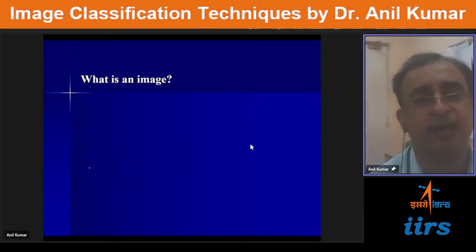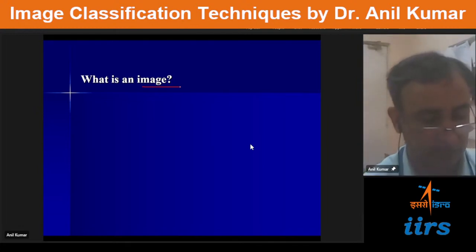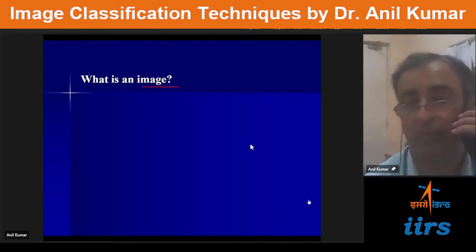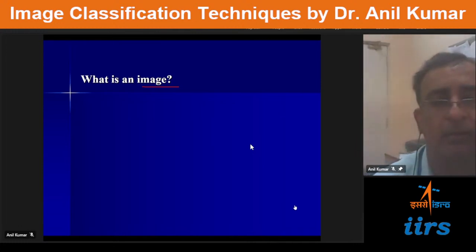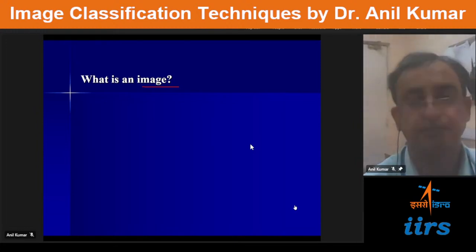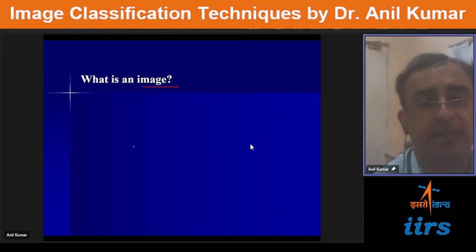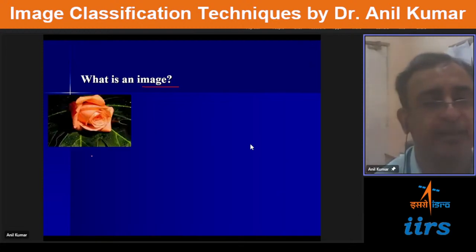Before we go further, we have to talk about what an image is. This is very important to understand. So here, if you see, this looks to be an image, a very beautiful rosebud.